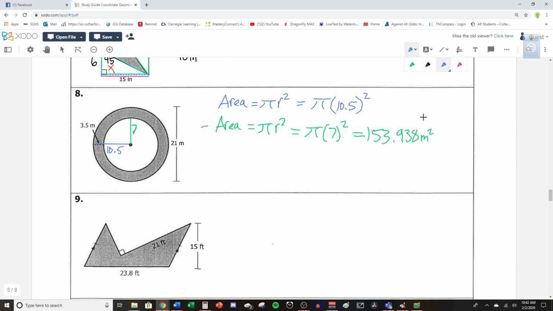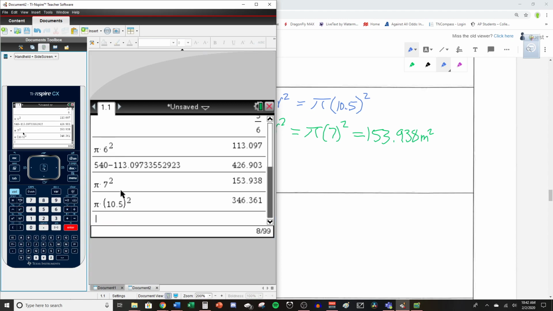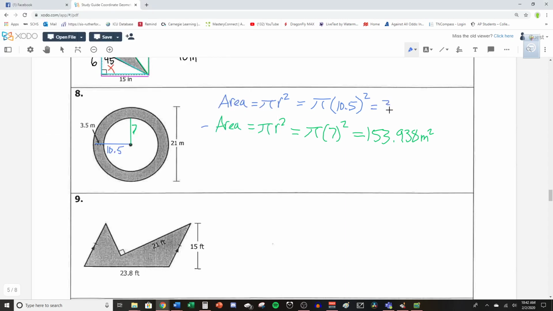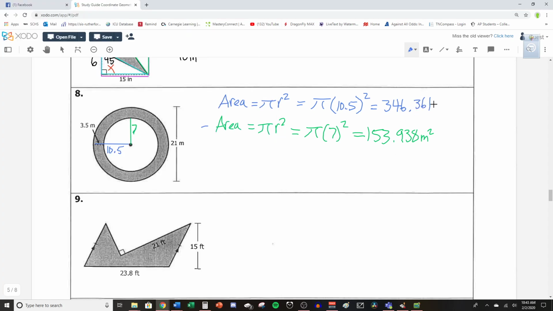Let's do the blue one. So this is pi times 10.5 squared. So 346.361. Now I just need to subtract these to get my overall area of the gray region.